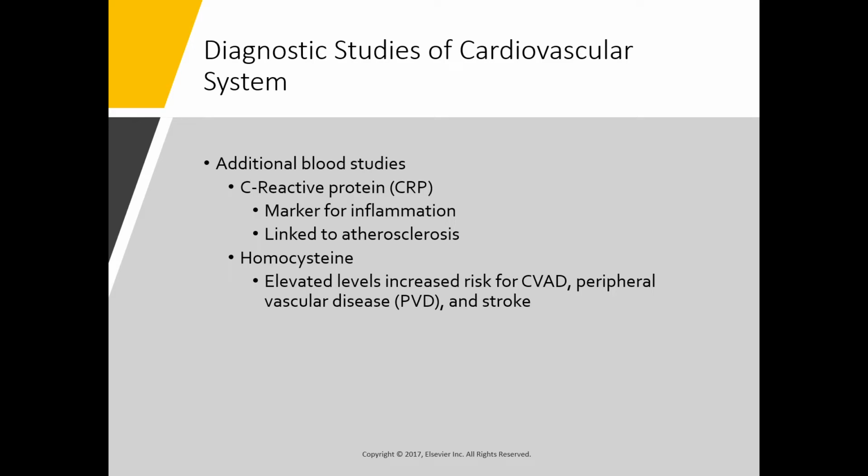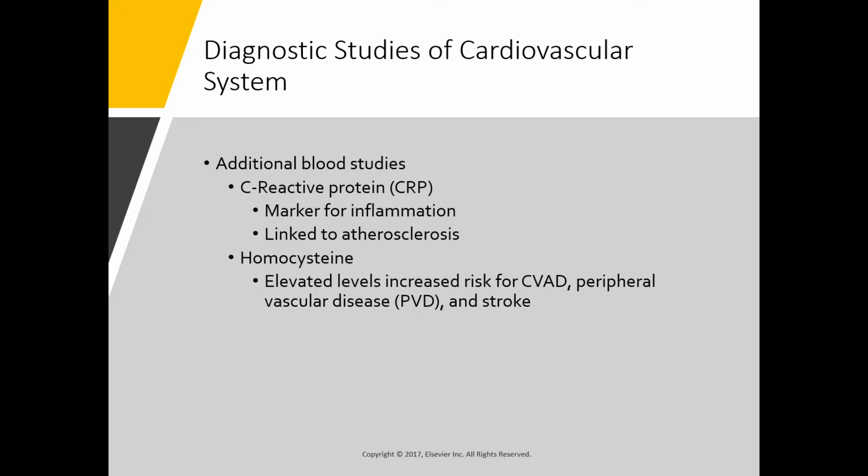And so CRP is used a lot of times for acute, but it can be used for chronic as well. And there's a higher sensitivity test. They call it the hs-CRP, which is believed to be significantly better. And again, what is this looking at? Well, let's go back to the basics.